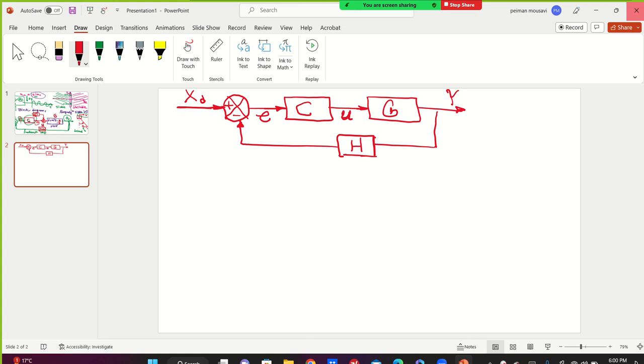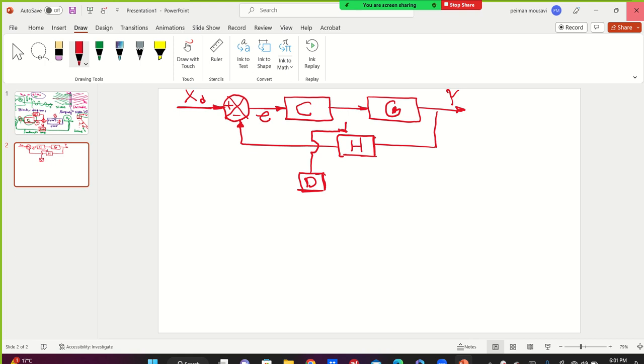If there is no disturbance, fine. If there is a disturbance, you can add a disturbance. Let me do that. G, sure. Plant, open loop transfer function. I'm gonna explain after the Laplace transform. So you can have a disturbance with capital D that can go to the system.